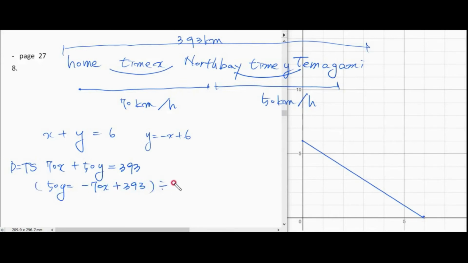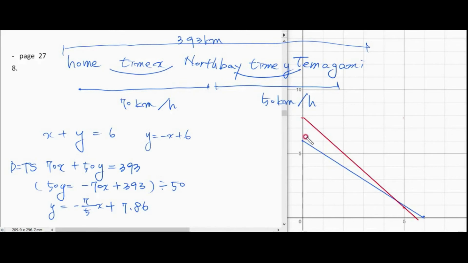Dividing both sides by 50, y equals negative 7 over 5x plus, it's about 7.86. This time, let's start with the y-intercept. So it's right here, 7.86. And the slope is negative 7 over 5, 5 and 7. Connecting these two, this will be the graph for this question.